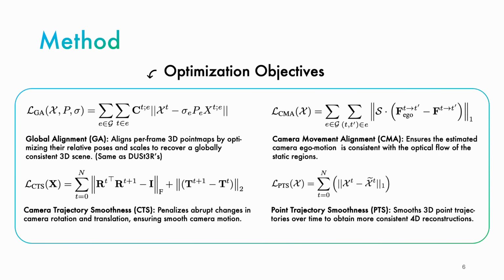Third, the camera trajectory smoothness objective penalizes abrupt changes in camera pose to enforce a temporally smooth camera path. And finally, our proposed point trajectory smoothness objective lifts 2D tracks to 3D and minimizes their temporal deviations, ensuring temporally coherent 4D reconstructions.